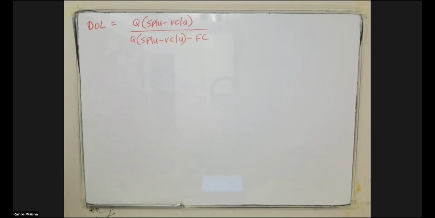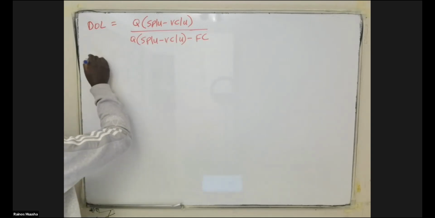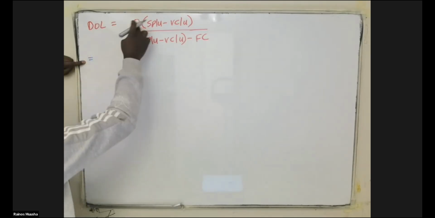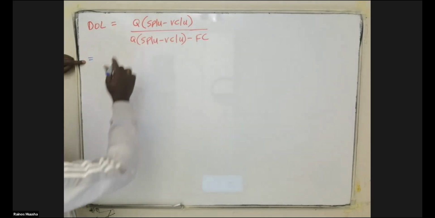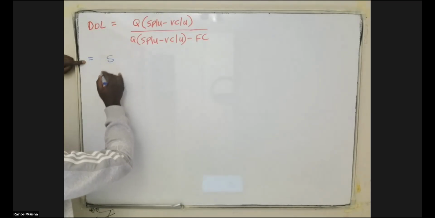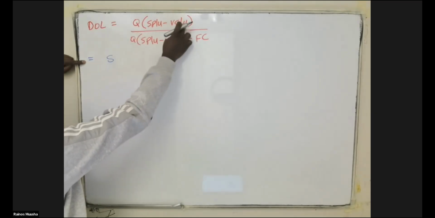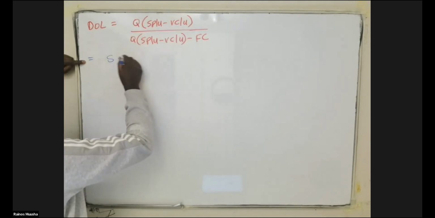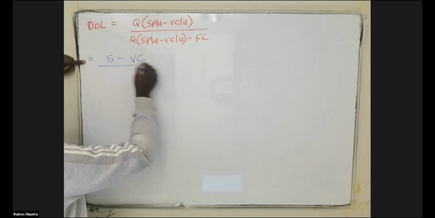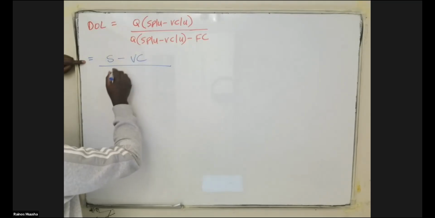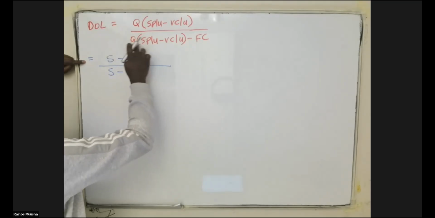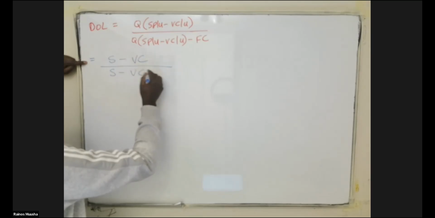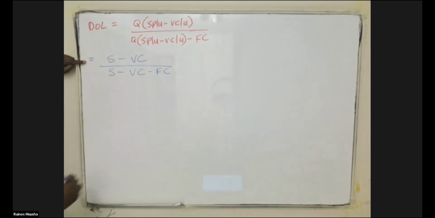Now, if you expand this formula, your quantity times selling price per unit gives you your total sales. Your quantity times variable cost per unit, because you're expanding this bracket, gives you your total variable cost, minus your fixed cost.